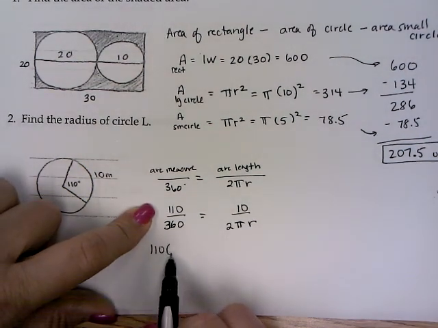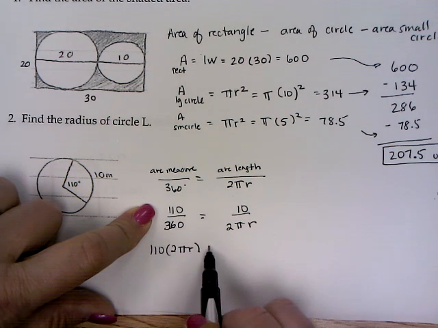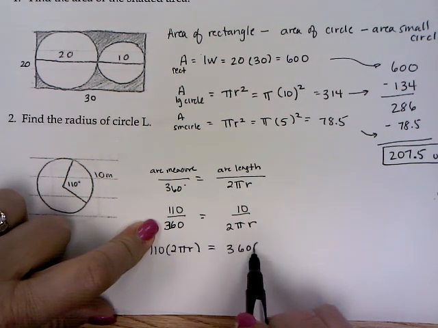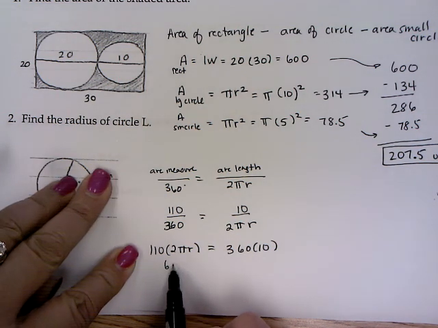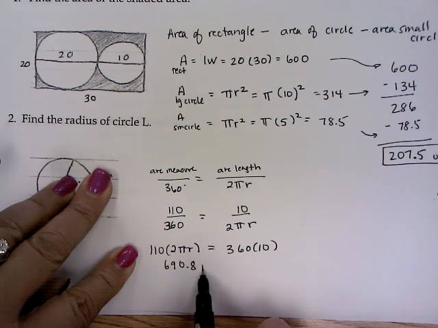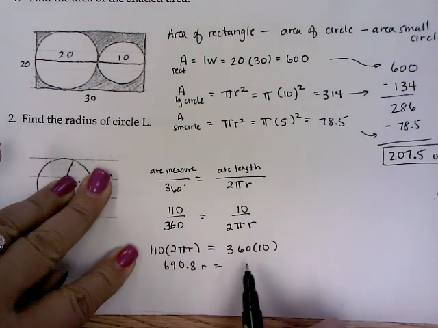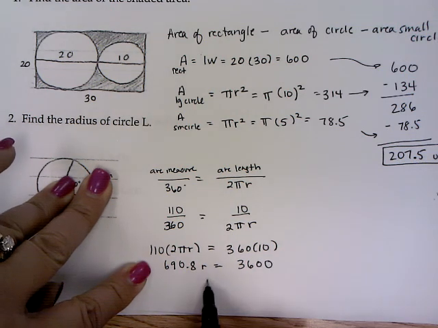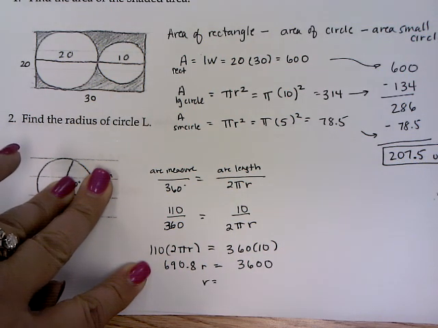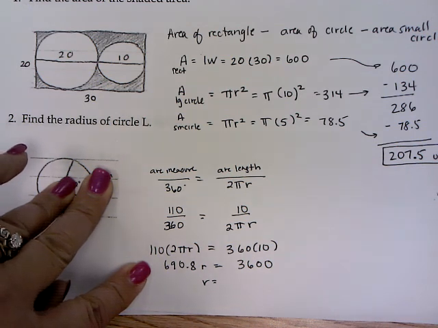So 110 times 2 pi r equals 360 times 10. 110 times 2 times 3.14, 690.8 r equals 3,600. Divide by 690.8.